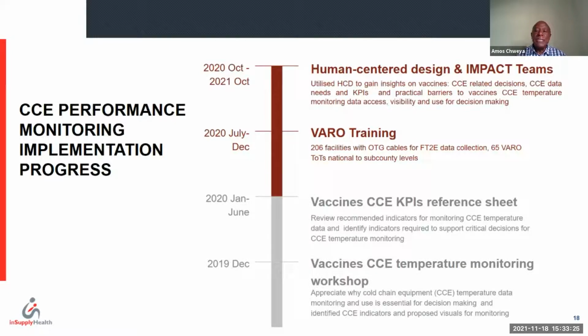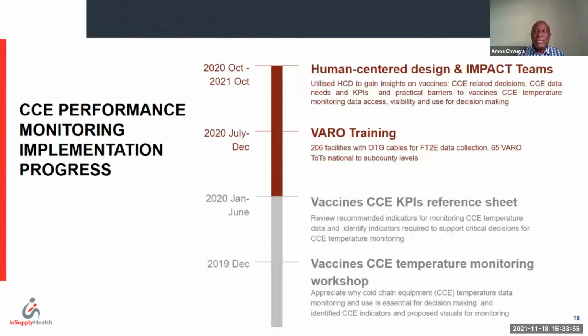We utilized HCD to gain insights into vaccines cold chain equipment related decisions: what decisions do they want to see? What data do they want to see? Are the recommended KPIs, indicators and visuals something that can be used at lower level to successfully review data? All these questions were answered with the HCD.